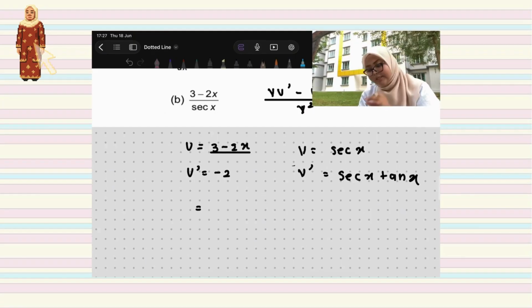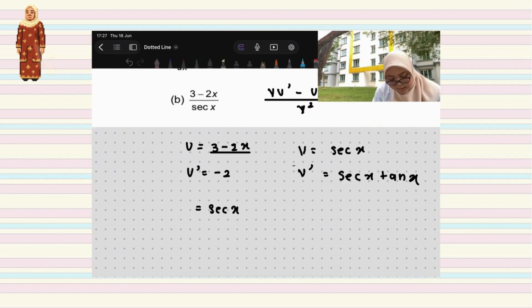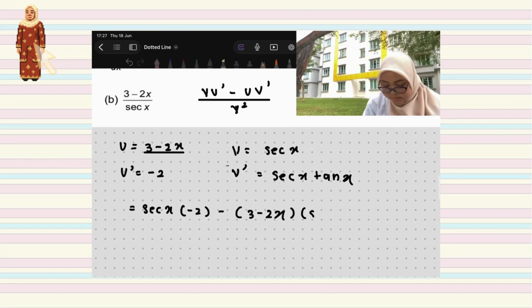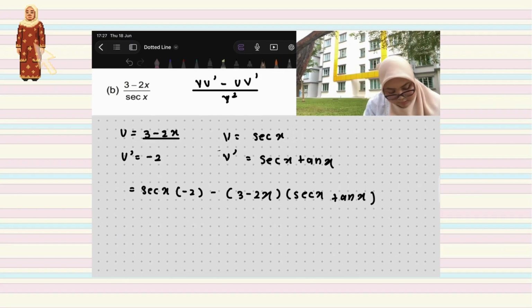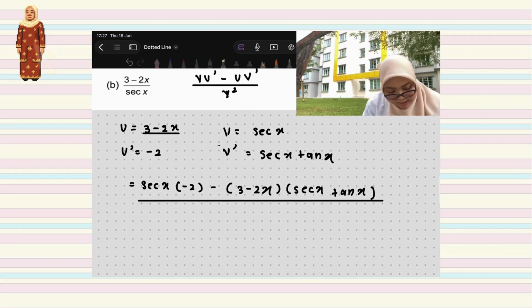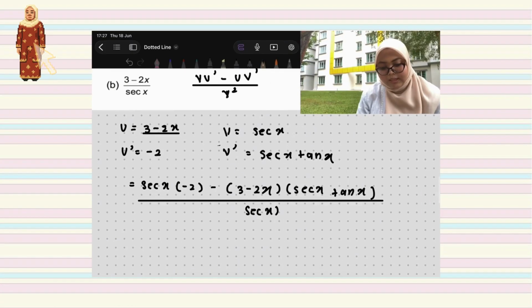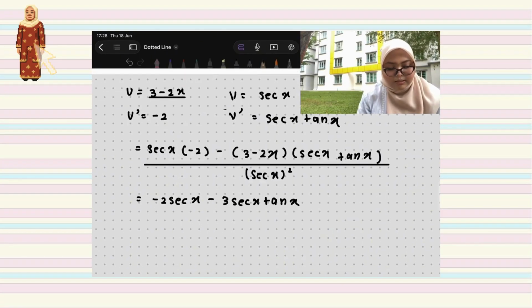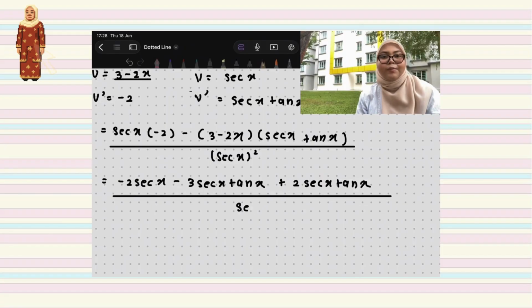We rearrange it in the formula, so it will be secant x bracket negative 2 minus bracket 3 minus 2x secant x tangent x over secant x squared. We need to expand it and it will be negative 2 secant x minus 3 secant x tangent x plus 2x secant x tangent x over secant x squared.